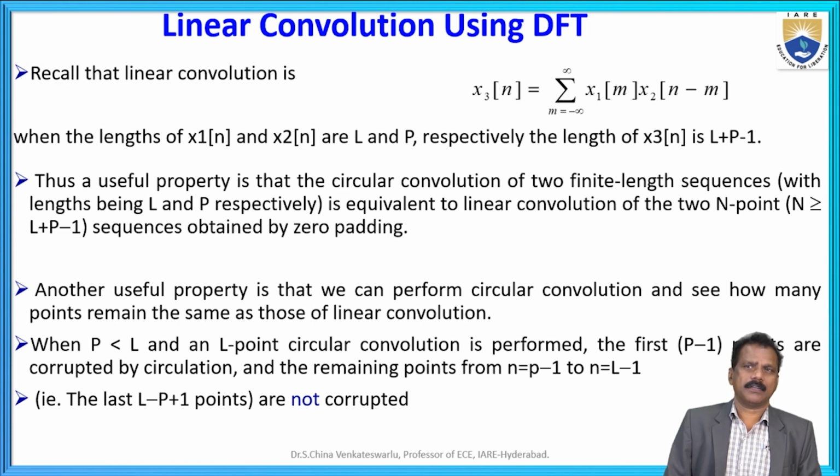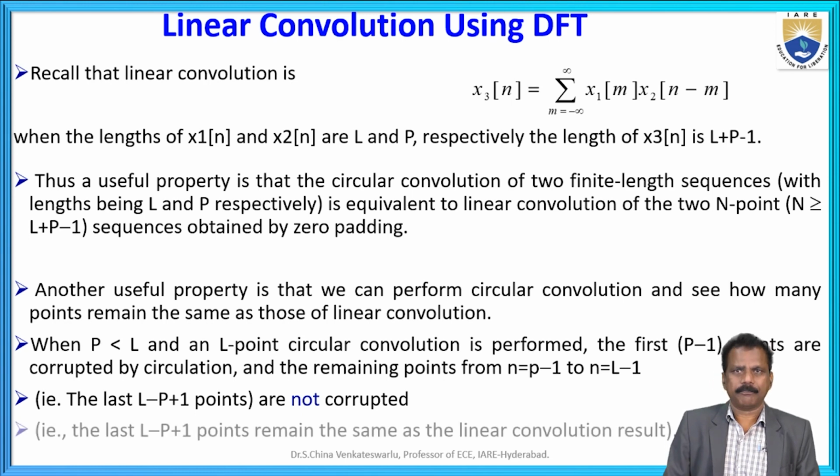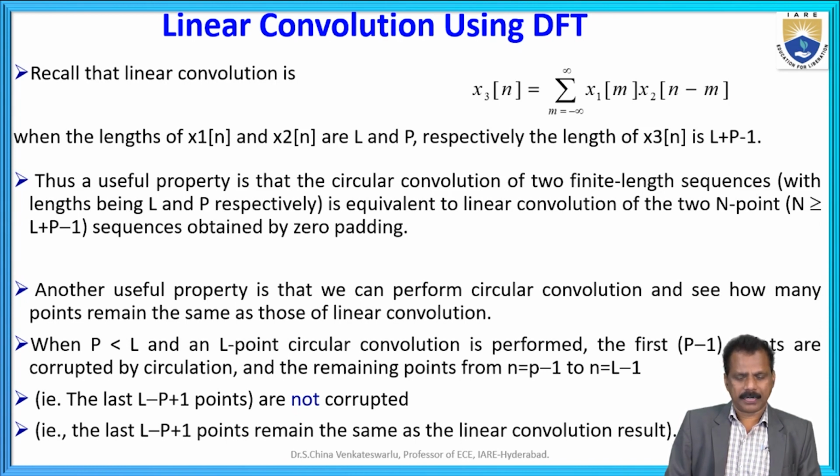If it is corrupted, try to verify overlap save, where we analyze this particular property based on linear convolution with the discrete Fourier transform. So the last L minus P plus 1 points remain the same as the linear convolution results.